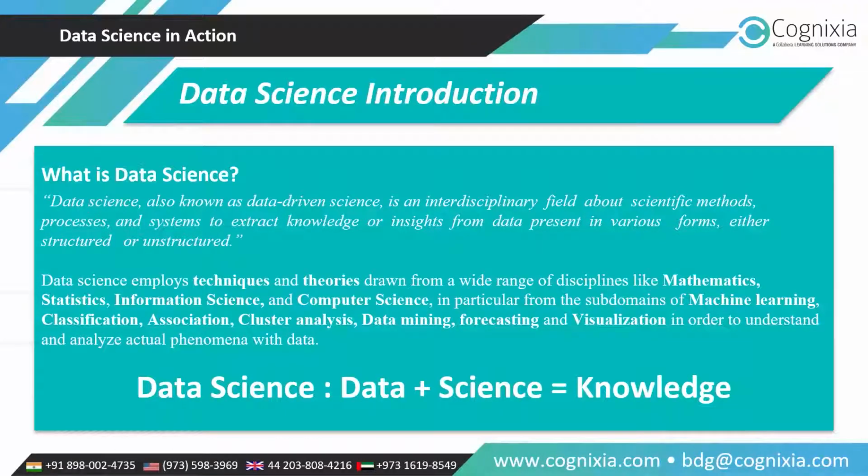So if we go further in detail, we can go through this particular definition as well, but we have already covered it. Data science employs techniques and theories drawn from a wide range of disciplines like mathematics, statistics, information science, computer science, in particular from the subdomains of machine learning, classification, association, clustering, data mining, forecasting, visualization, in order to understand and analyze actual phenomena with data. Let me explain a couple of new things here.